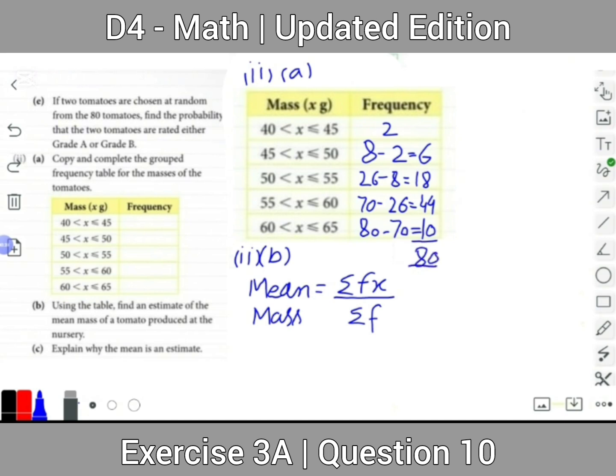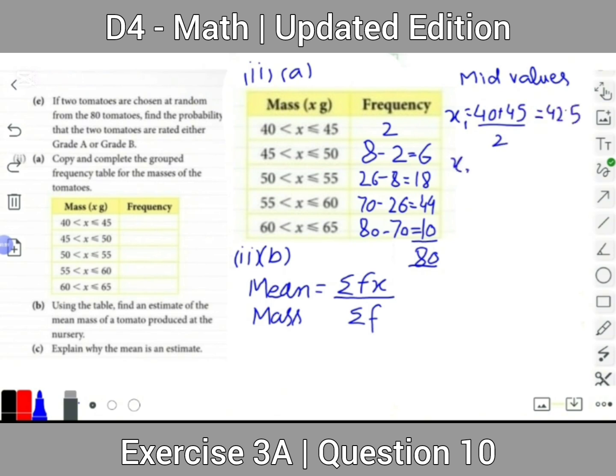Now we will find the mid values. The first mid value is found by adding the lower and upper limits of the first class interval and dividing by 2. So 40 plus 45 divided by 2 is equal to 42.5.